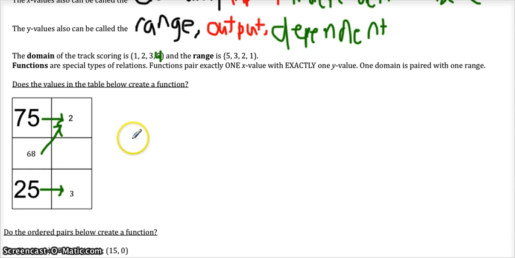Is this a function? Just thinking, is there an x value for these? Is it just one x with only one y?